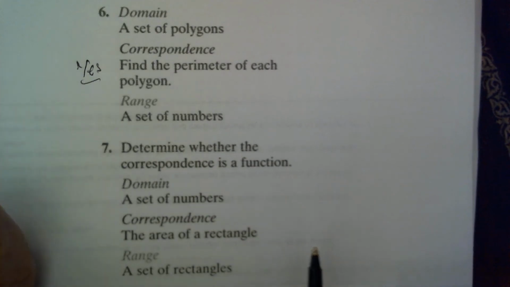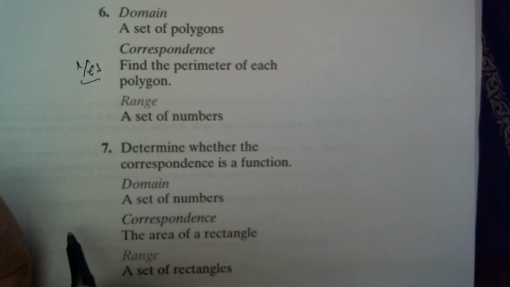So you have numbers like 25 or 18 or 200. And of course, that could be the area of a rectangle. But that same number in the domain, in the range, could be created by a different rectangle. So this is not a function.